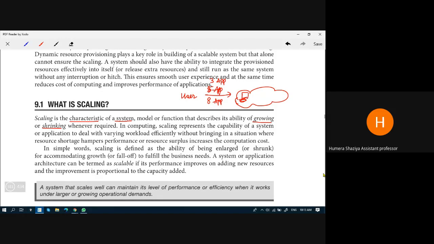So the property is that the system should be able to scale well, and its level of performance or efficiency should not decrease.